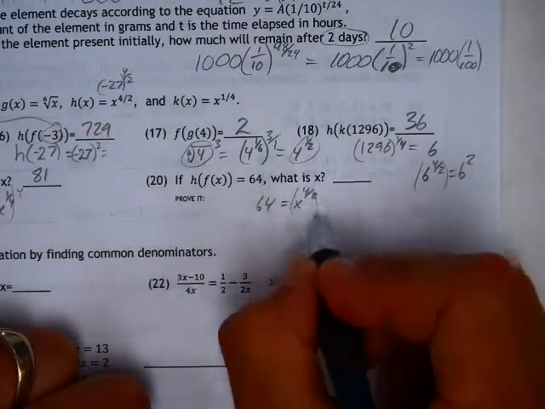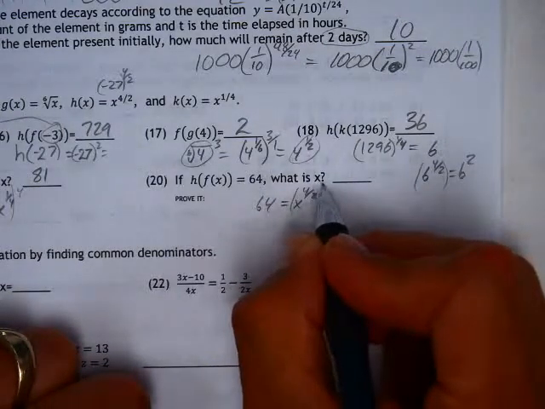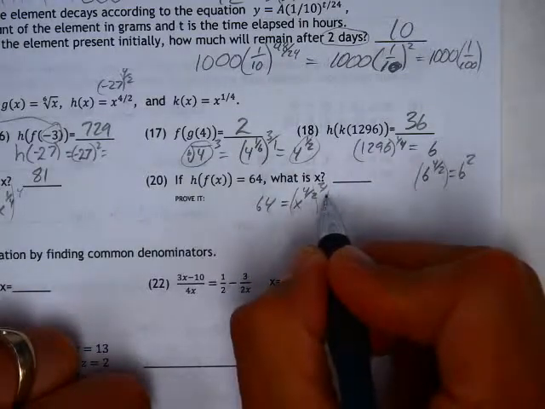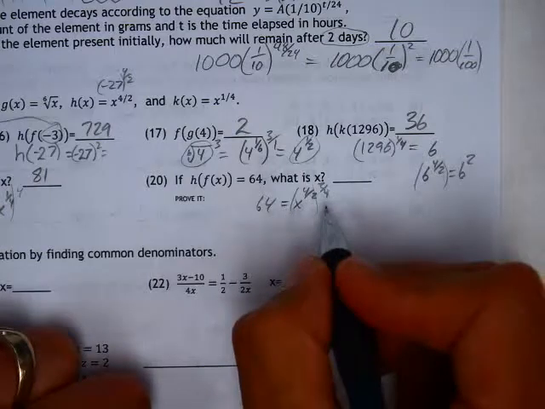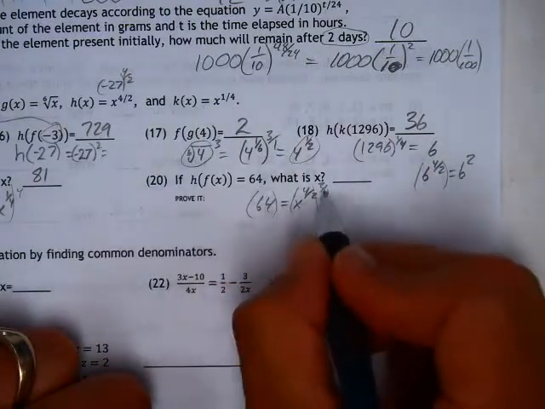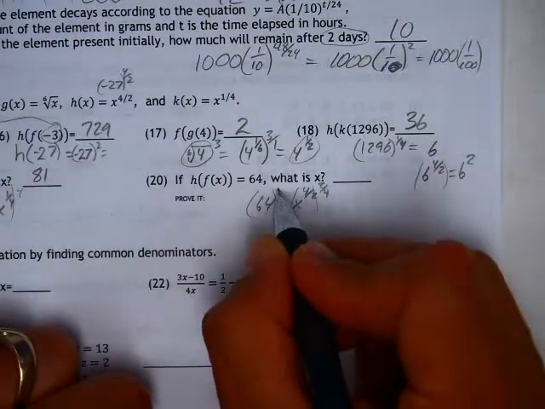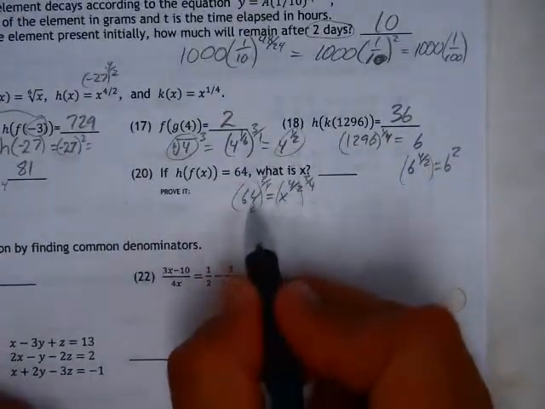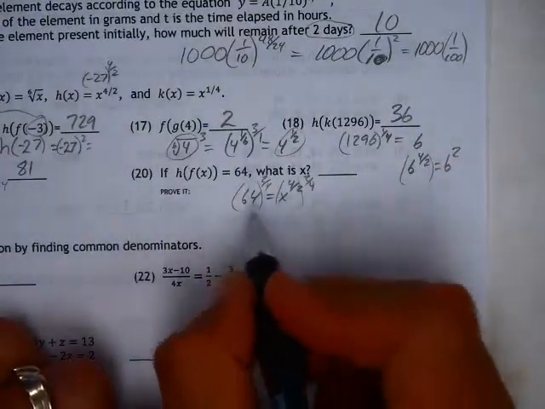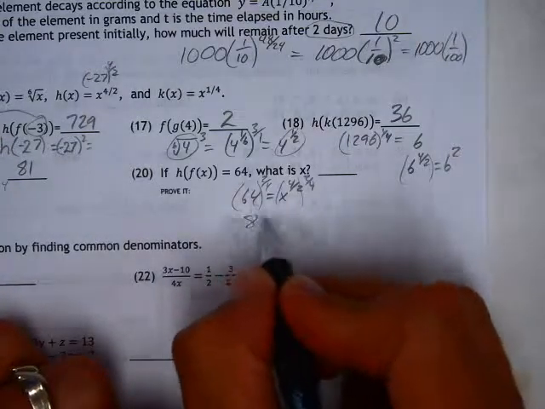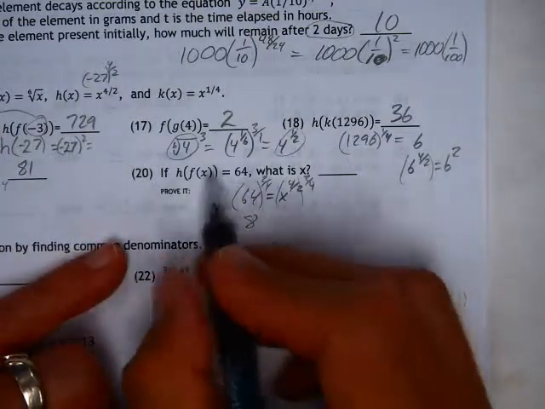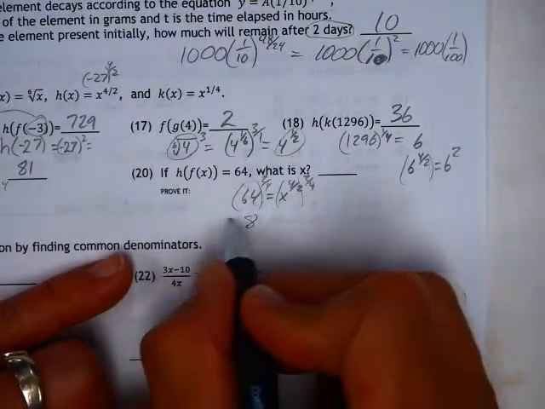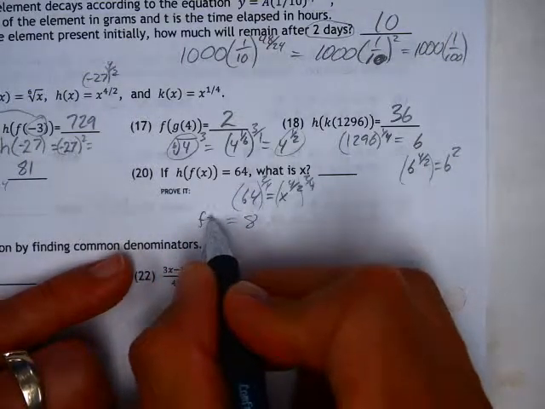So if I raise that whole thing to the 2 over 4, this is confusing enough, remembering that we can reduce that completely. The 2 over 4 power is the same thing as the 1/2 power, and 64 to the 1/2 power is equal to 8. So now I've got 8, but that's not my solution. That's just the h of x part.